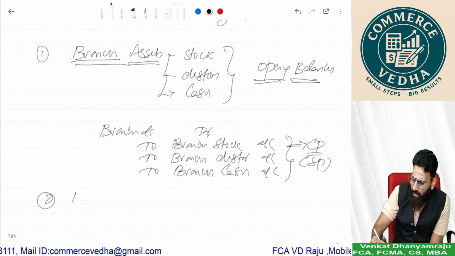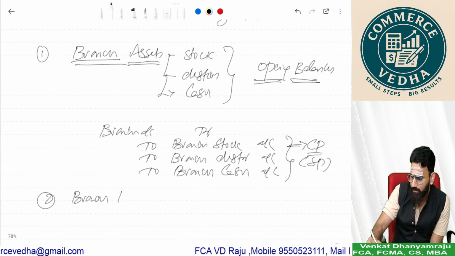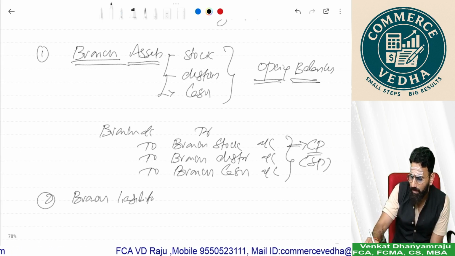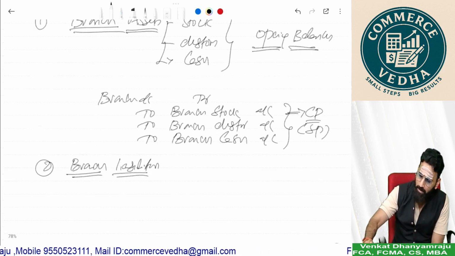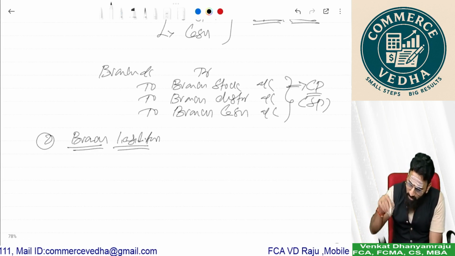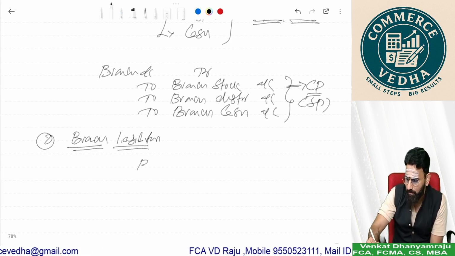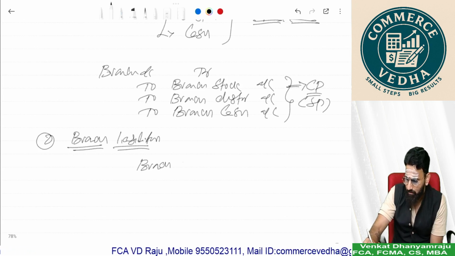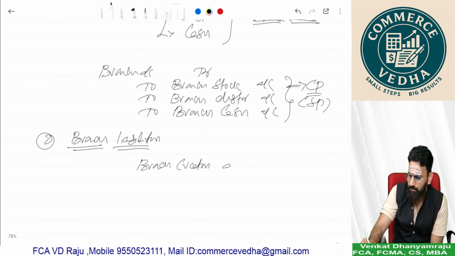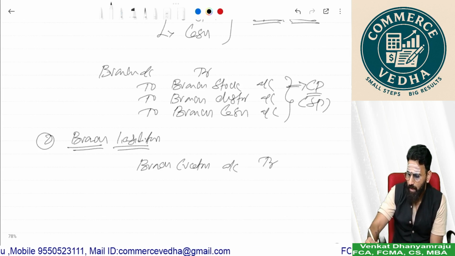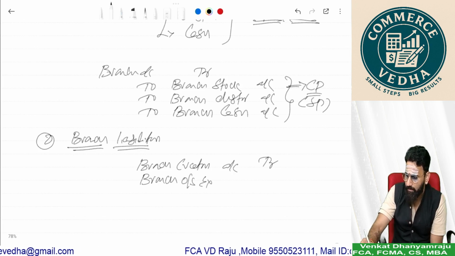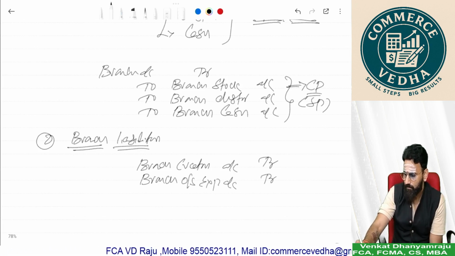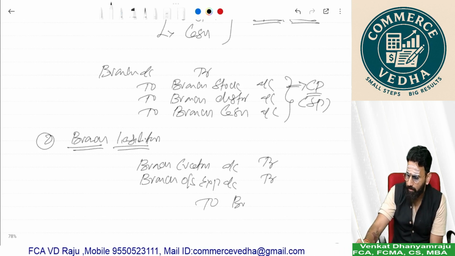Similarly, if there is any branch liabilities, generally dependent branches have no liabilities, as all the liabilities are met by HO only. But if there is any branch liability, suppose branch creditors and branch outstanding expenses, shall be recorded in branch account.